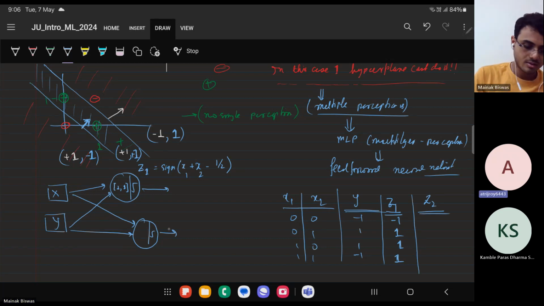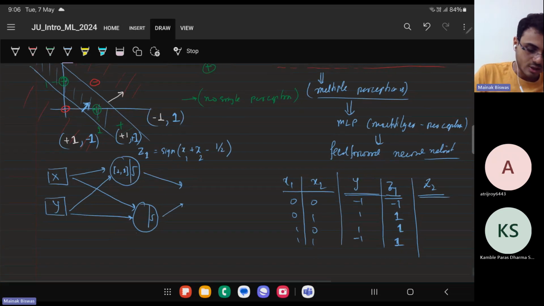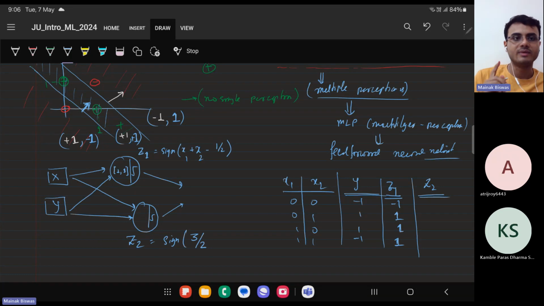3/2 minus x1 plus x2. Good. So I will take Z2 as sign of 3/2. In the case of 1, 1, I want it to be negative, right? Yes. So minus x minus y, or minus x1 minus x2. So now you see if I put one negative point, 0, 0, it is sign of 3/2.